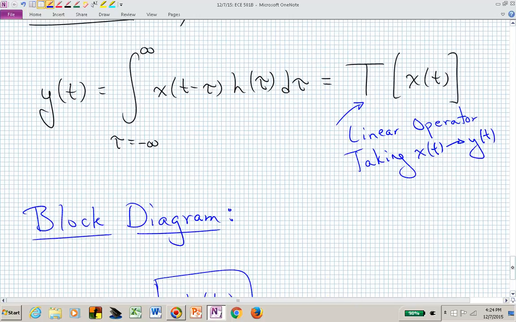Back here, if we looked at what we've written in black, that T, if you think about this as just the leftmost side and the rightmost side, is actually taking a signal and mapping it back into a similar signal, meaning it's mapping the real numbers into real values. Maybe x is a voltage and y is something else, maybe a current, but they are both consistent in terms of these being real functions.